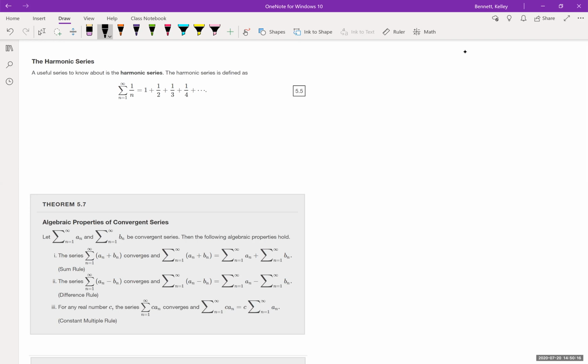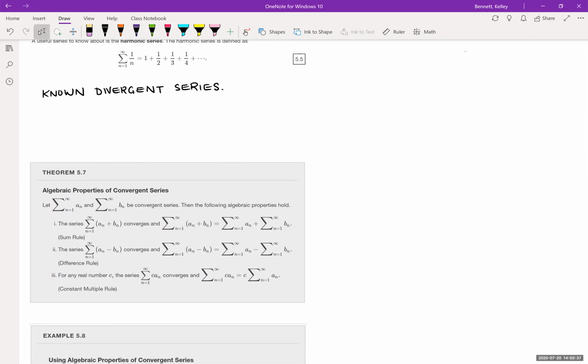For now, we just need to know that it diverges. So store that in your notes. You're going to need to know that for the rest of the entire chapter.